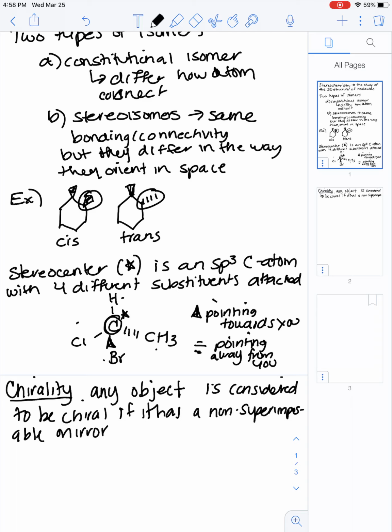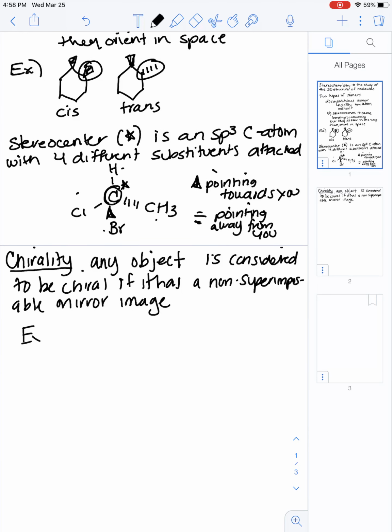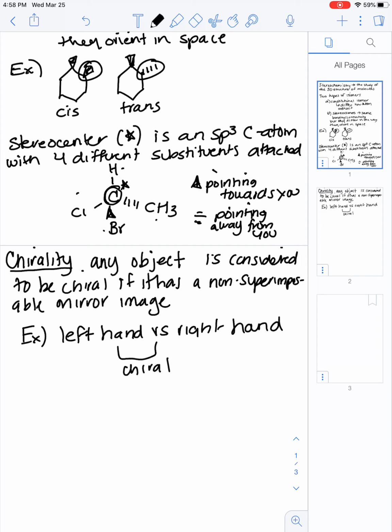What a non-superimposable mirror image really means is that it's not identical. An example of this would be your left hand versus your right hand. Your left hand and right hand are chiral, which means that they are non-superimposable mirror images, which means that they are not identical.